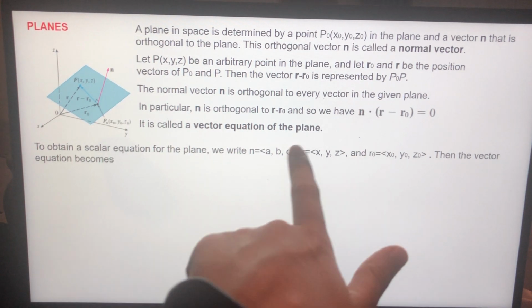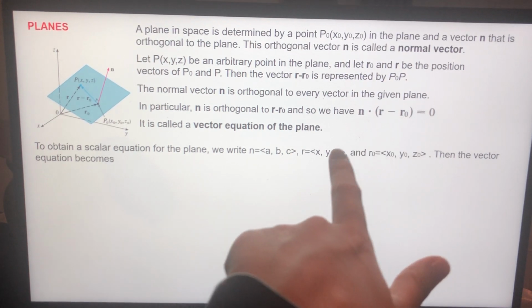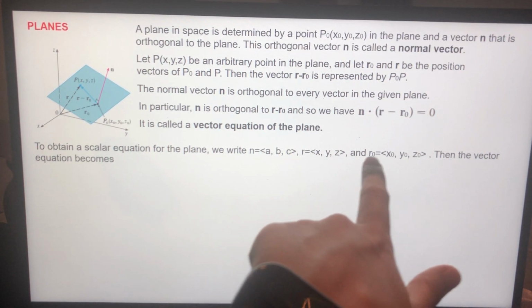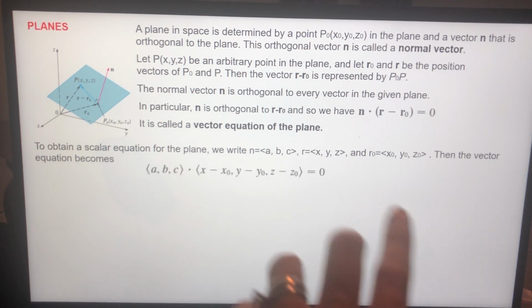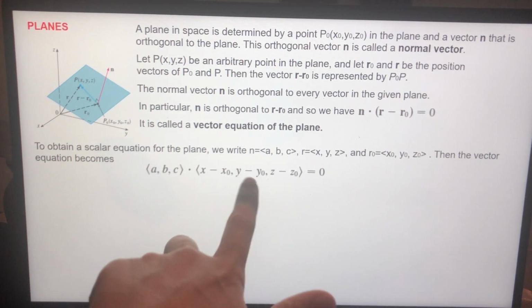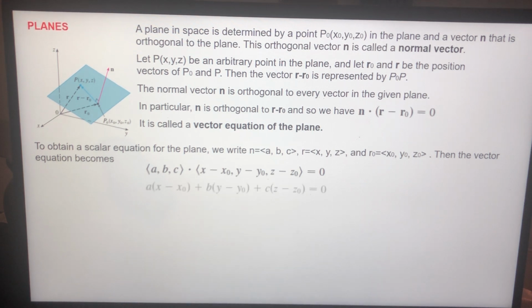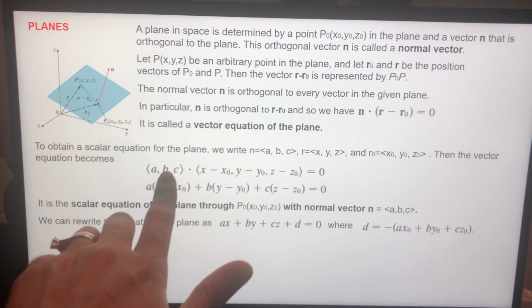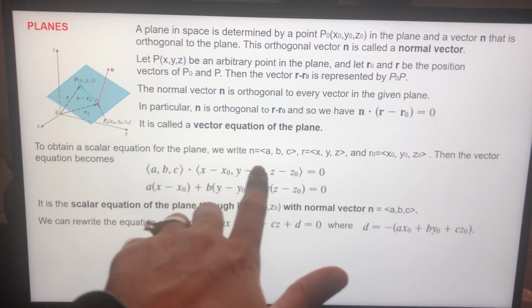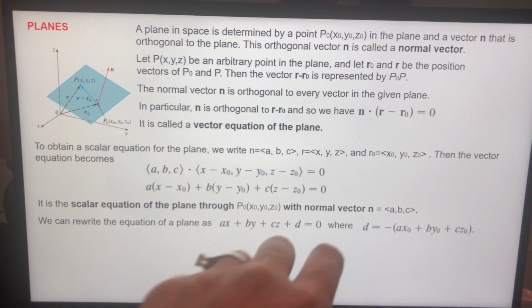If you write that n is a, b, c, r minus r0 will be x minus x0, y minus y0, z minus z0. Their dot product will be the multiplication of the corresponding components and add them. A times x minus x0 plus b times y minus y0 plus c times z minus z0 should be 0.